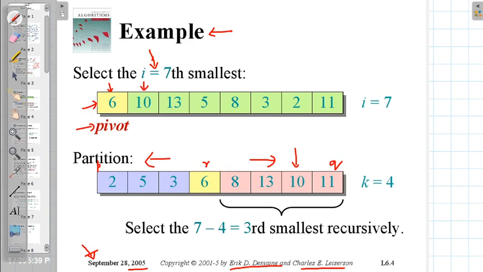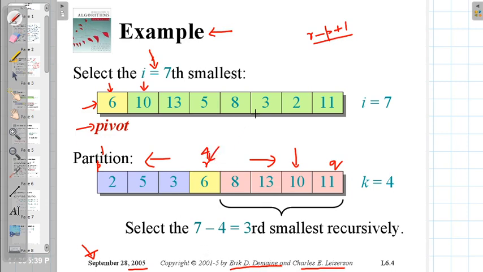That is R minus P plus 1. This is P equal to 1 here, maybe R equal to 4 here. So how many elements? 4 minus 1 plus 1, so this will be 4. So R minus P plus 1 elements will be there in this list, including the pivot.